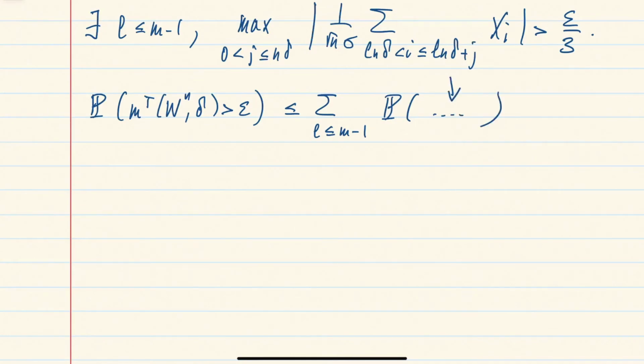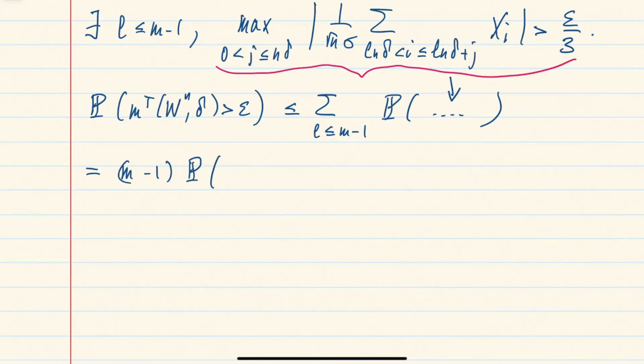Each of these events has the same probability because you're just summing IID random variables. So for L equal to 0, it's the same as for every other L, and this sum is just m minus 1 times the probability for L equal to 0.